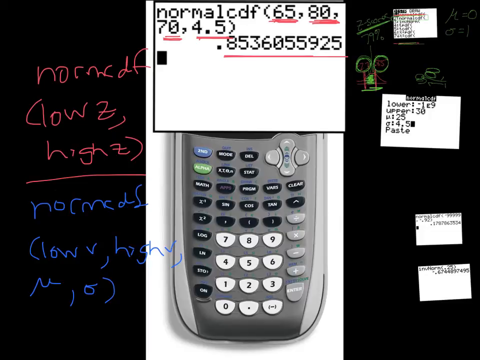And then that's how you get your area under the curve without looking it up on table B.